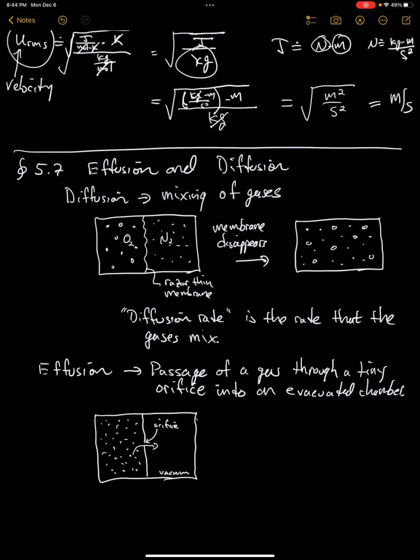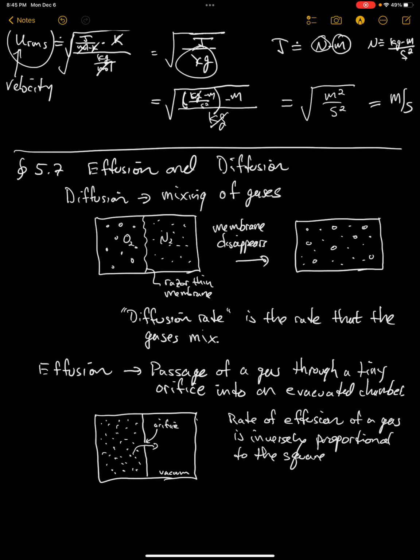And one thing that was learned by a fellow by the name of Graham is that the rate of effusion of any given gas is inversely proportional to the square root of the mass of its particles.